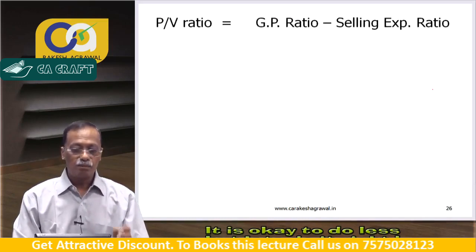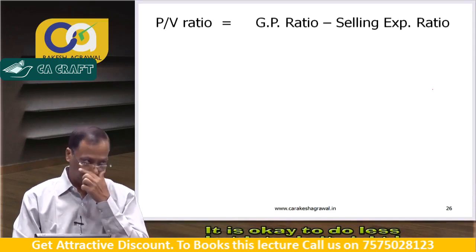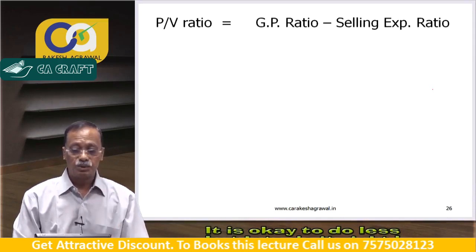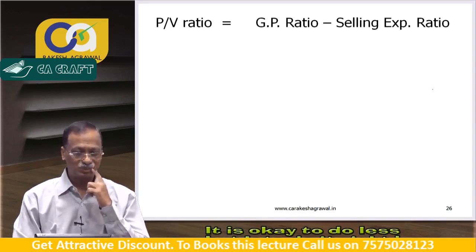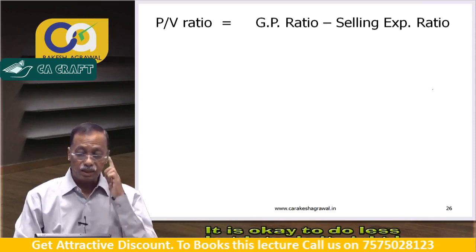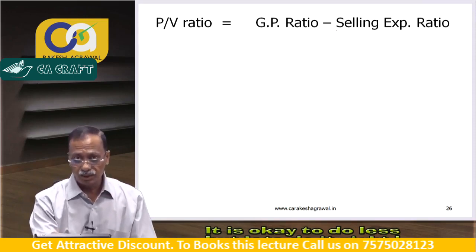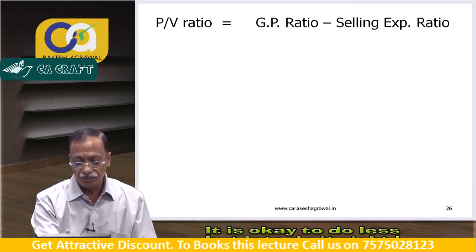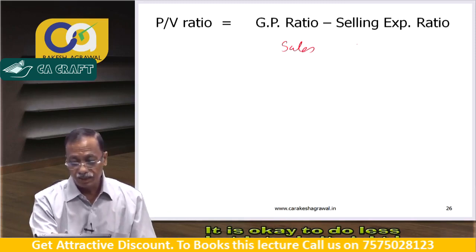Below, write down: PV ratio is equal to GP ratio minus selling expense ratio. As I said, you can do this simple deduction because the base of GP ratio is now sales and the expense ratio is also given as a percentage of sales.